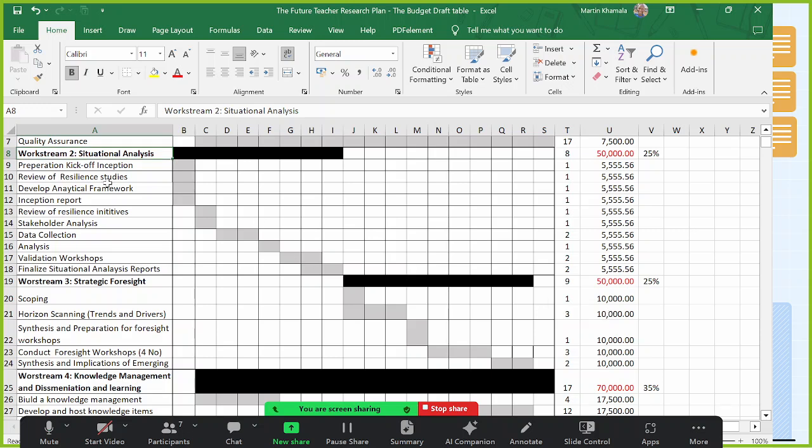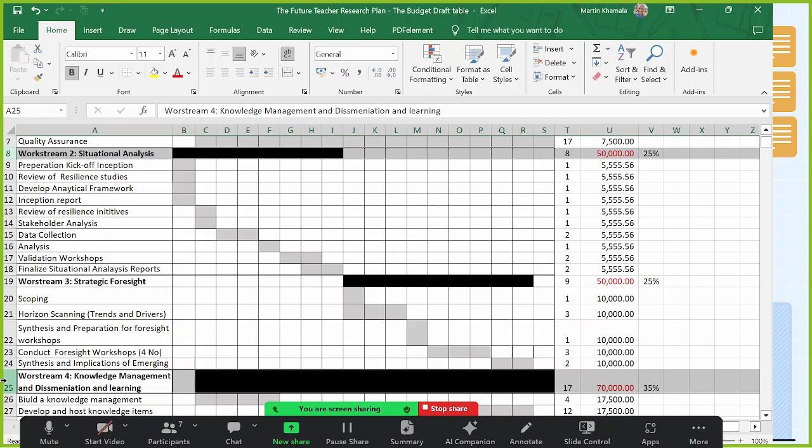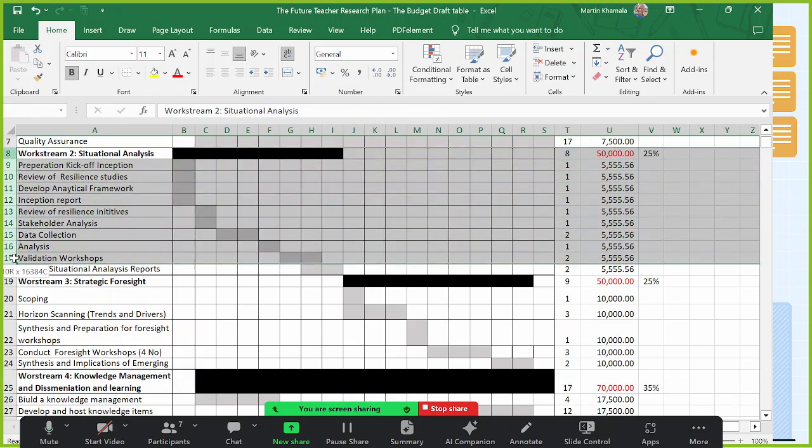But work stream 2 and 4 have physical outputs. In work stream 2, there's a lot of data collection taking place, workshops, such things. You're going to the field, so it will be expensive. Yeah, that is where the budget should be higher.